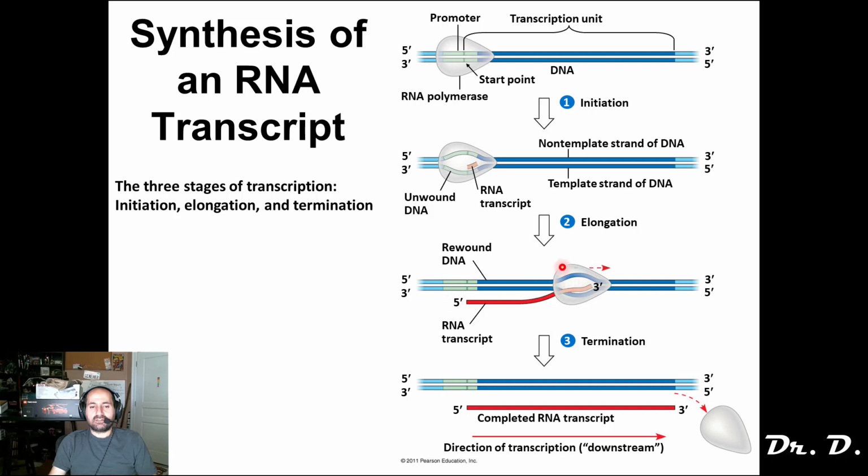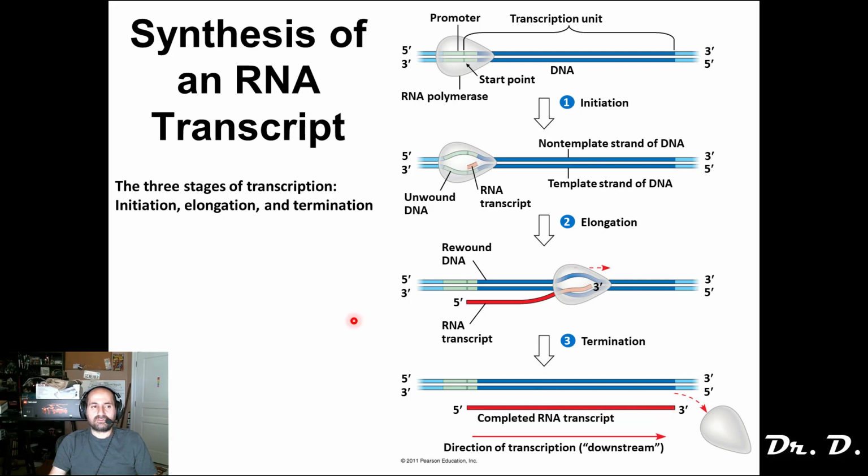Elongation. The RNA polymerase proceeds across the gene, and it's synthesizing the RNA transcript in a 5' to 3' direction until it's finished. The RNA polymerase will proceed until it's finished, and then it will leave. It will pop off the gene, leaving behind a complete RNA transcript.